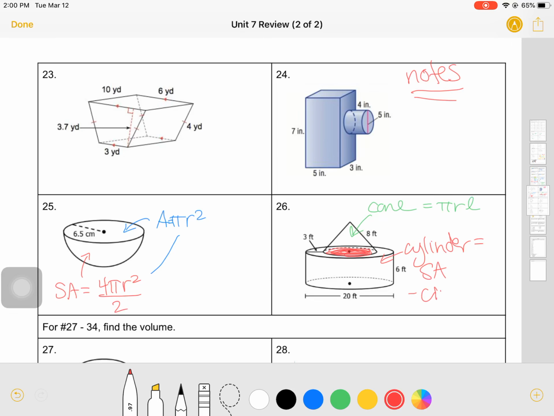So you're going to need to subtract that circle from the surface area of your cylinder. You also will want to think extra hard about how you find this radius right here. The hint I will give you is that you know the radius of the big circle, and you also know this 3. So use that to help you to get the area of that circle.